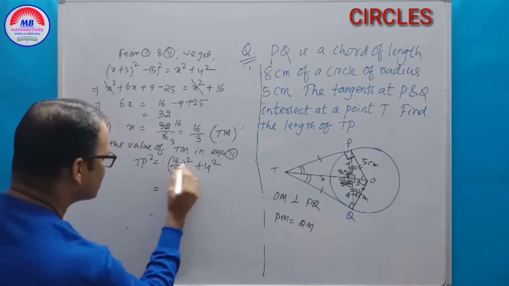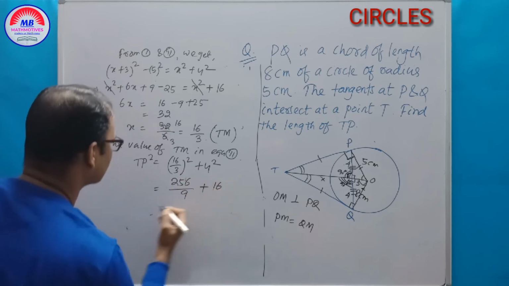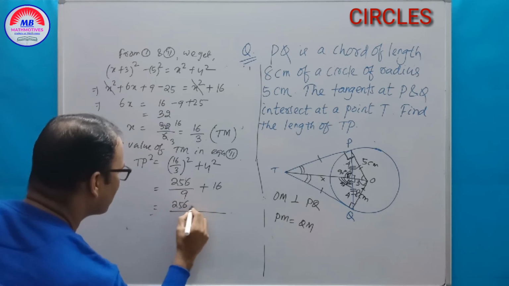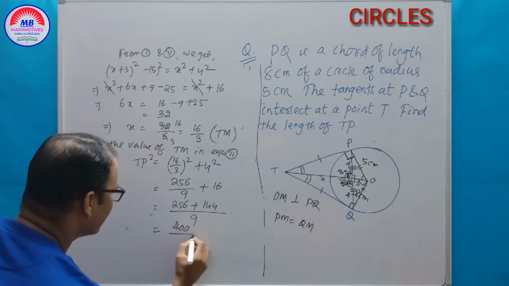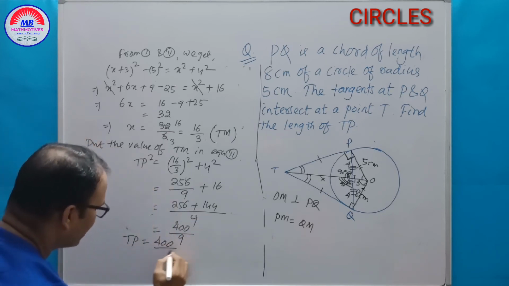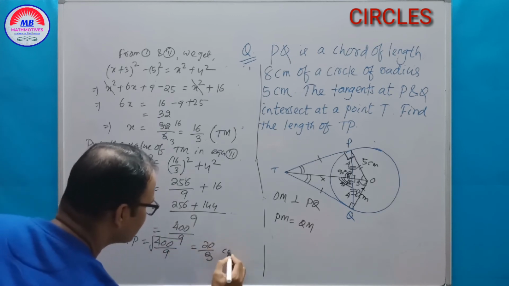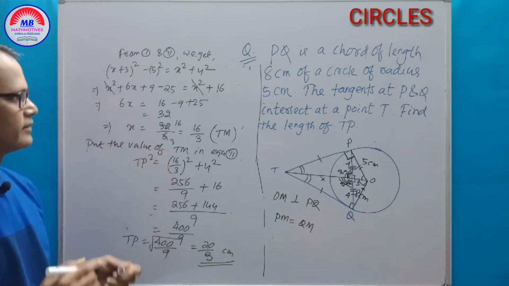That equals 256 by 9 plus 16. Take 9: 256 plus 144, 400 by 9. So TP equals the square root of 400 by 9, that equals 20 by 3 cm. That is the answer.